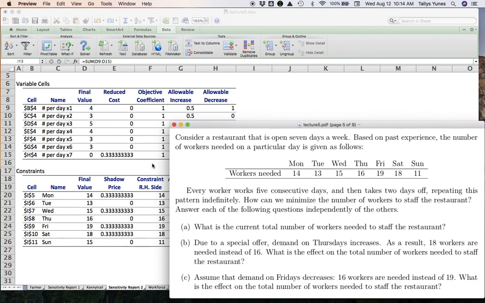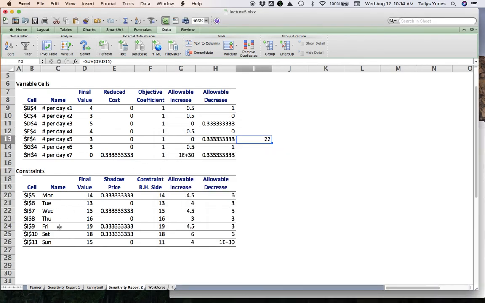Okay, let's go to Friday. The change in the constraint. So I look in the bottom table. This is the number that I'm changing. I want to lower it by 3. Is that allowable? Yes. So the impact to the objective value, which for us in this case right now is people, right? The objective value now is currently 22 people. The impact will be the amount of the change, which is minus 3, times the shadow price.